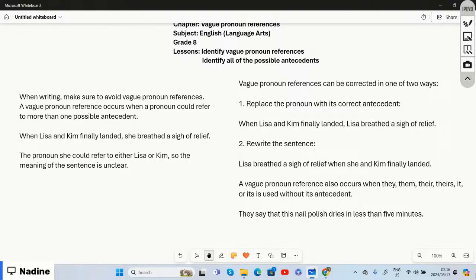When you use a pronoun, it needs to directly refer to a specific person or a specific thing, so that we can clearly say, okay, this person is talking about that. But if your sentence is unclear, then we call that a vague pronoun reference.